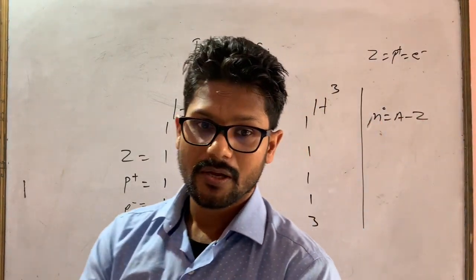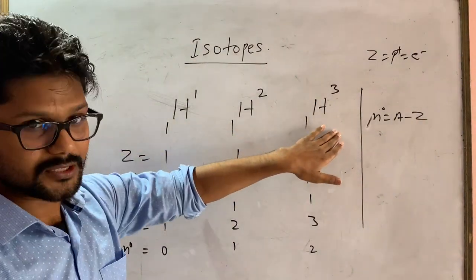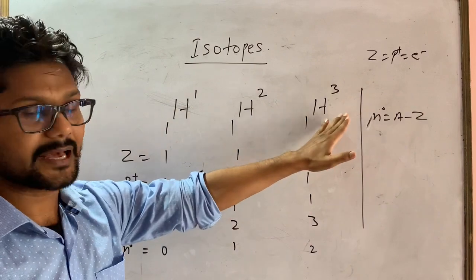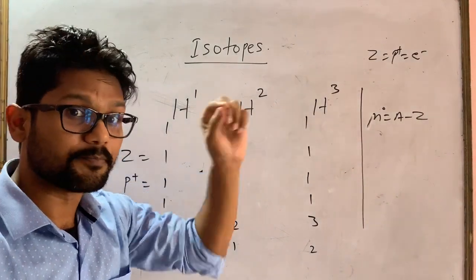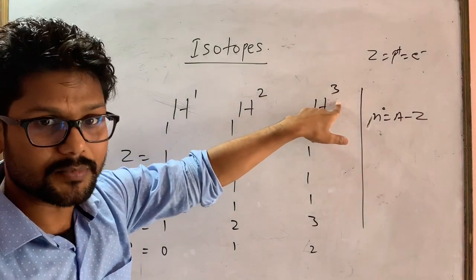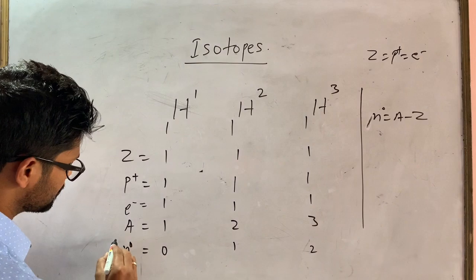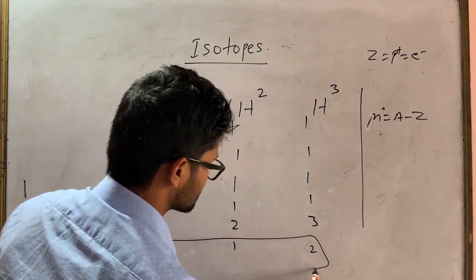It means you can say these are atoms of the same element but possess different mass numbers, or you can also say have different numbers of neutrons.